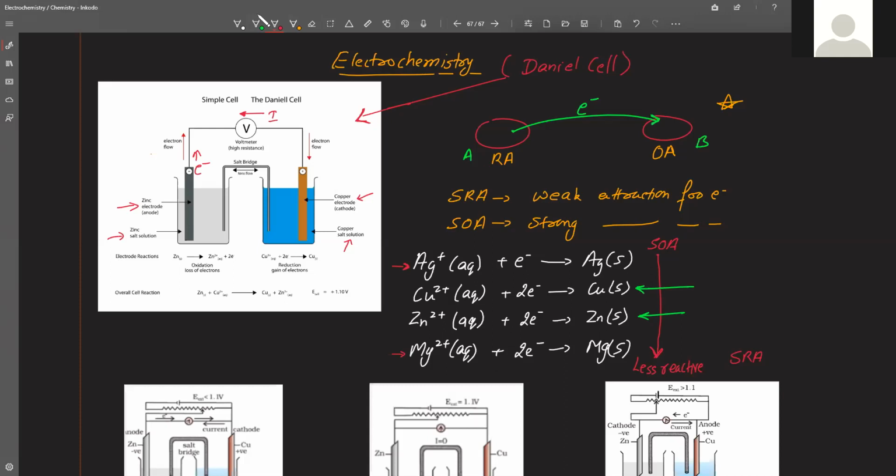So that is the electron flow, and how do we get to know? By the galvanometer, you will know the direction of the current, and if we connect a voltmeter, we'll actually get the potential of this cell, which comes out to be 1.1 volt. So this is the EMF of the cell.